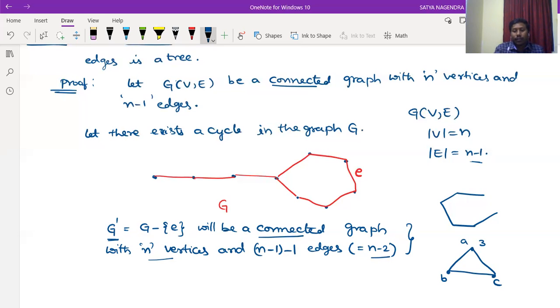Here you have n vertices and n edges. But what is the case we are taking here? Please observe that point.